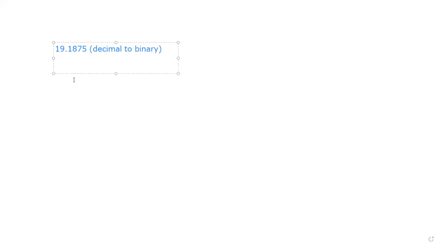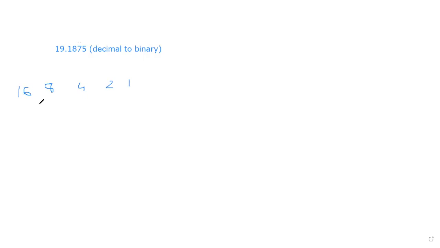First of all, we have to see what is the binary equivalent of this 19. This is the mantissa and this is the exponent, the fractional part of the decimal. So we have got 1, 2, 4, 8, 16.